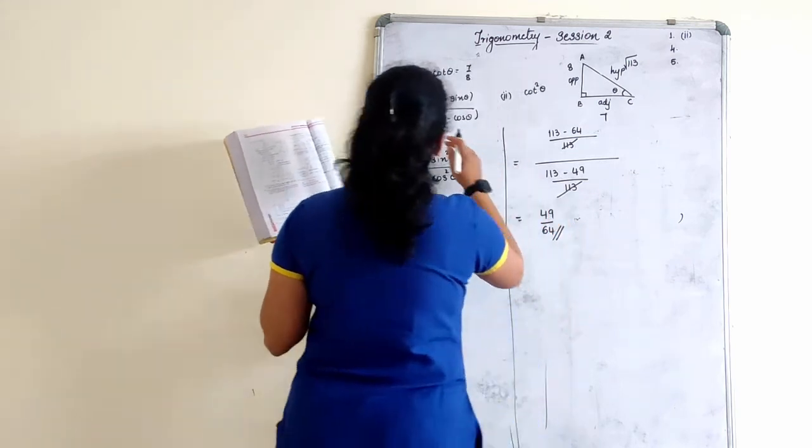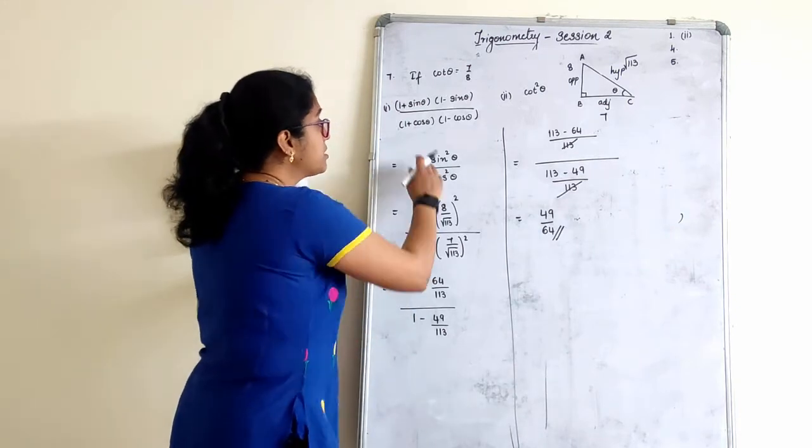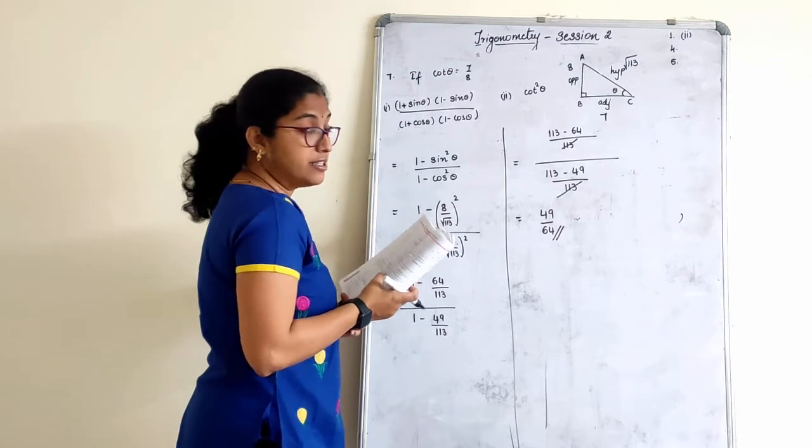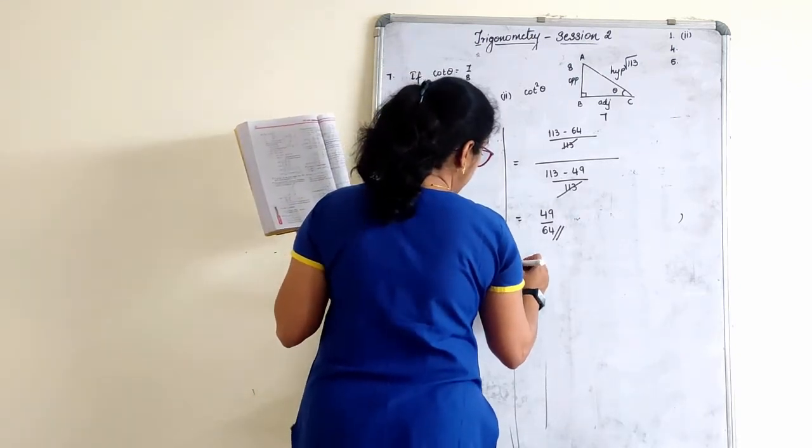That's the answer for (1 plus sin theta)(1 minus sin theta) over (1 plus cos theta)(1 minus cos theta). Isn't it very simple?